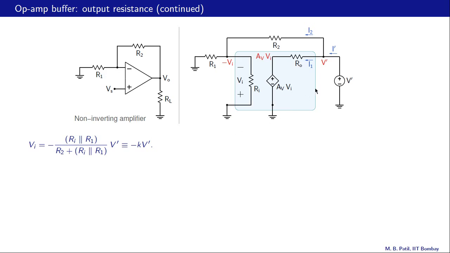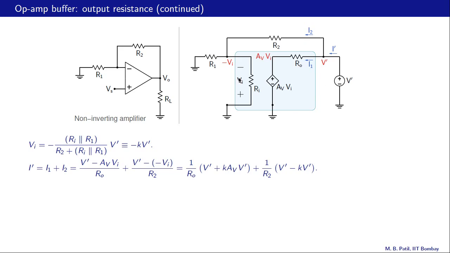Let us now look at this current I prime. What is I prime? It is I1 plus I2. And let us now get I1 and I2 individually. What is I1? V prime minus AV times Vi divided by RO, the first term. What is I2? V prime minus Vi divided by R2, the second term here.